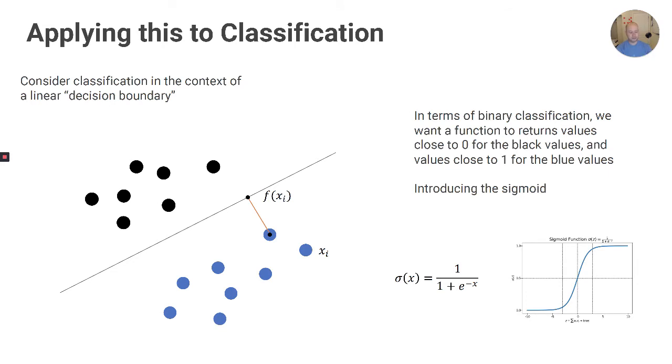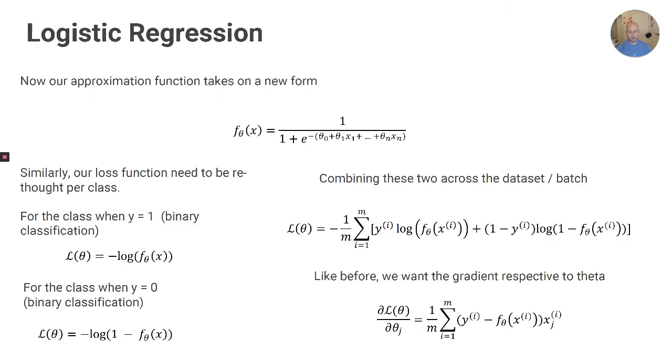That's a nice attribute, because when y is equal to 1, we want our function f of x, our sigmoid classifier, to be close to 1. So if we get a value of 1, that loss is 0. And in that case, we're correct. For the class of y being equal to 1, we have correctly classified, and that means we have a loss of 0.